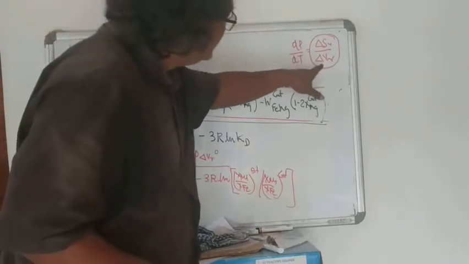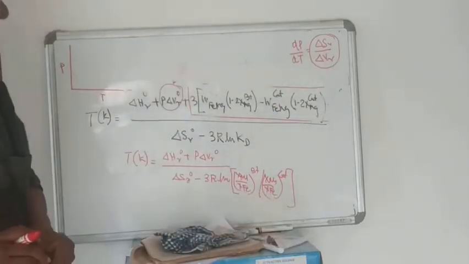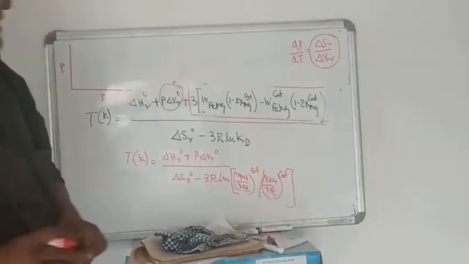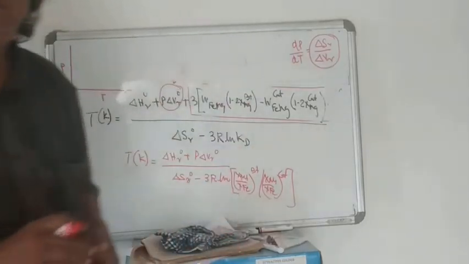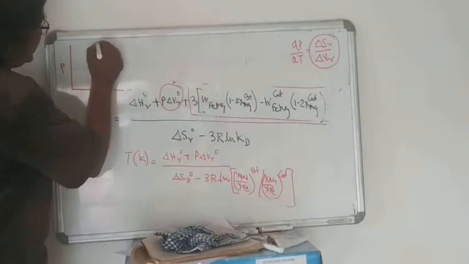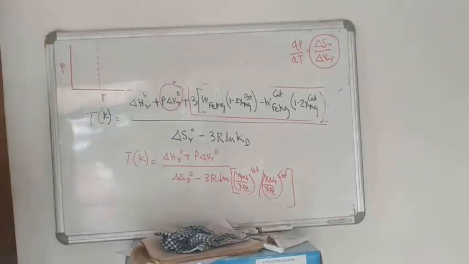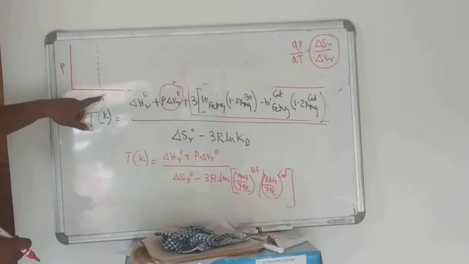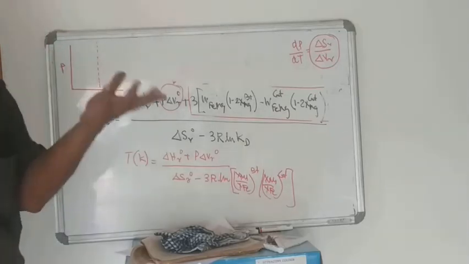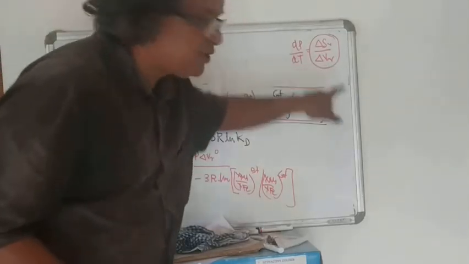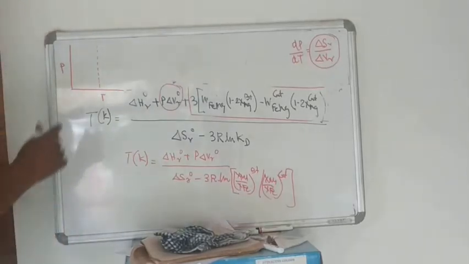These reactions have a very steep dP by dT slope, or drawn in the diagram they can be like this. That means dP by dT here is almost infinity. That means delta VR should be very close to 0.